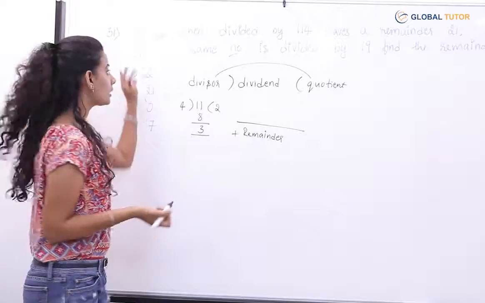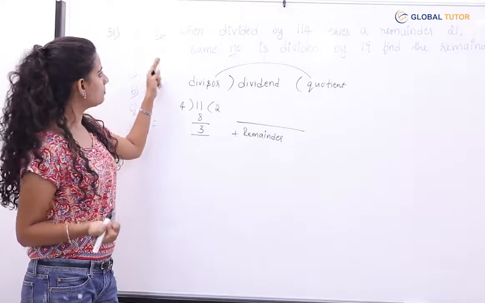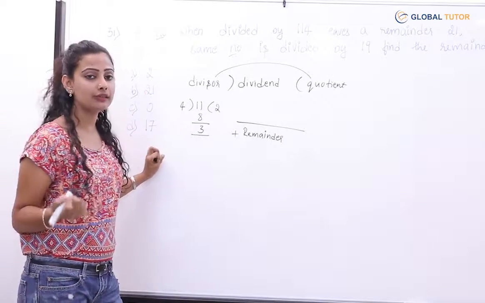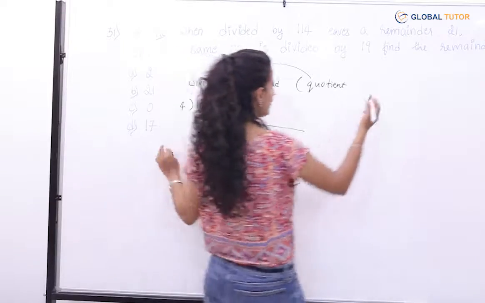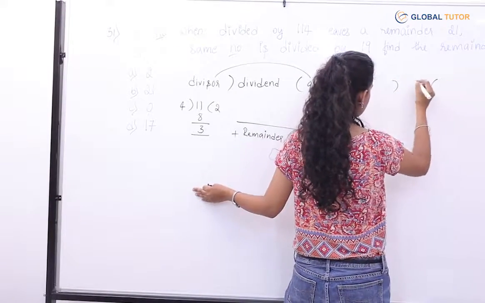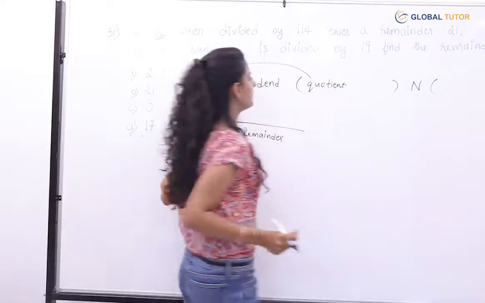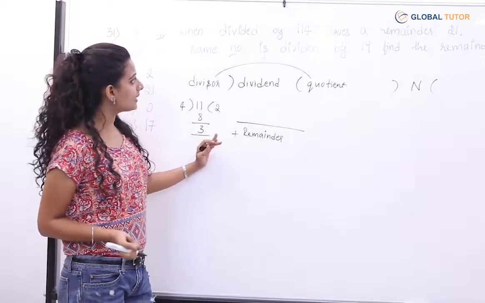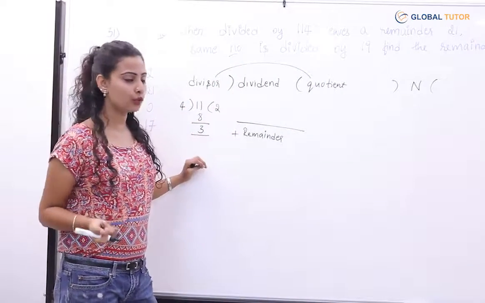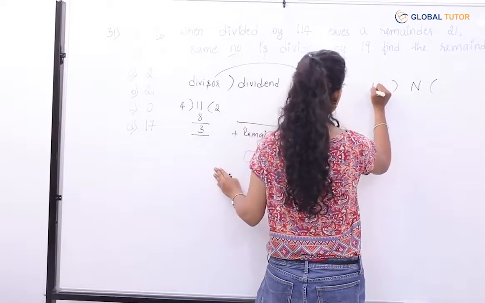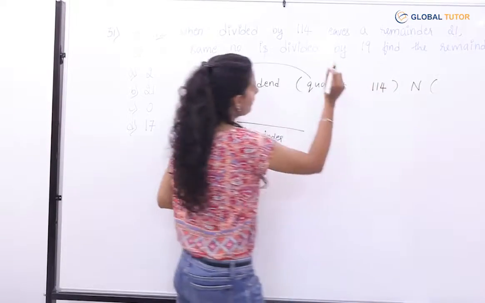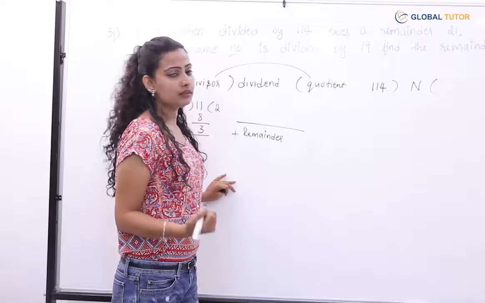Now what have they asked in the question? A number when divided by 114, which means there is a number, let's call it n. So dividend n is divided by 114. So the divisor is 114, and it leaves a remainder 21.